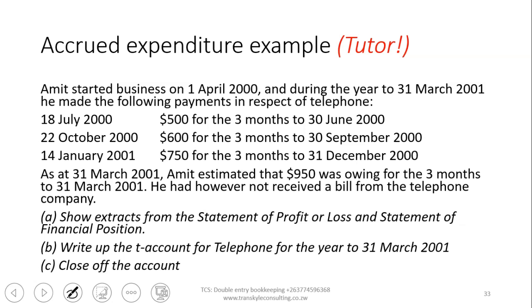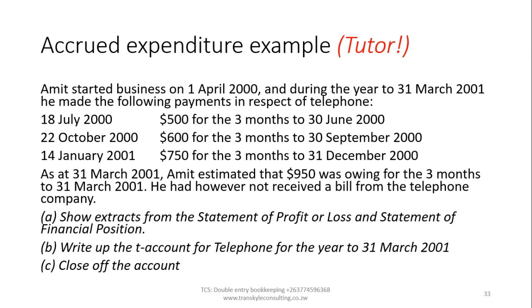Ahmed started business on 1 April 2000 and during the year to 31st March 2001 he made the following payments in respect of telephone. On 18 July 2000, Ahmed paid $500 for the 3 months to 30 June 2000. On 20 October, Ahmed paid $600 for the 3 months to 30 September 2000.